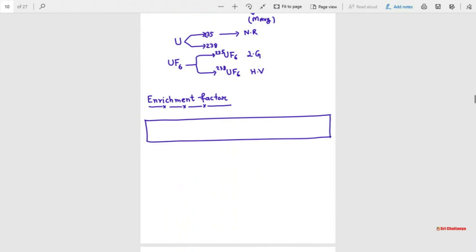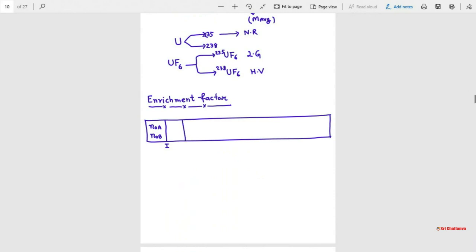Initially in container 1, we are talking about two gases A and B. The number of moles of gas A is N naught A, and the number of moles of gas B is N naught B. After the first step of diffusion, suppose there is a system where we can open this piston for some time, and there is a tiny hole in it, so that gas will move, and after some time we stop it.